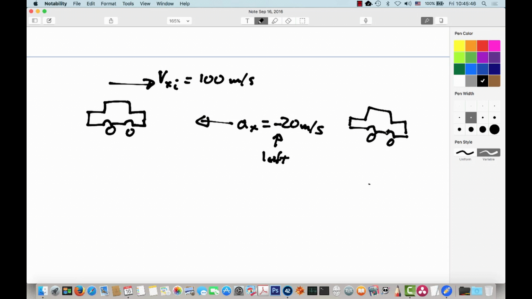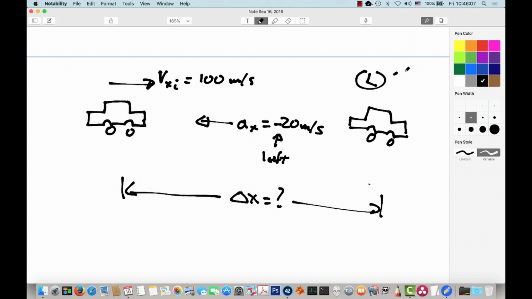And then so now here's my car over here. And then they say, okay, after 2 seconds, how far has the car moved? So they want to know the distance traveled, and they are willing to tell you that 2 seconds elapsed to get to that point.